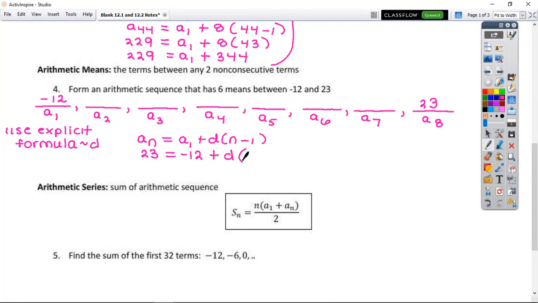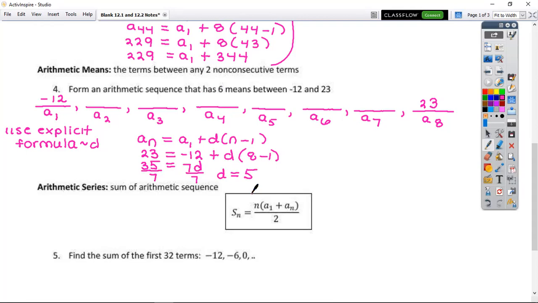So that in this case would be 8 minus 1. All right, so add that over, we get 35 is equal to 7 times D. And then you're going to divide by 7. So D is equal to 5.